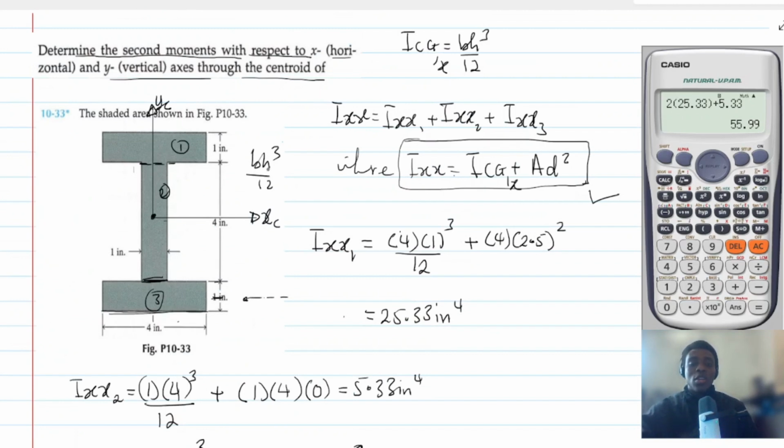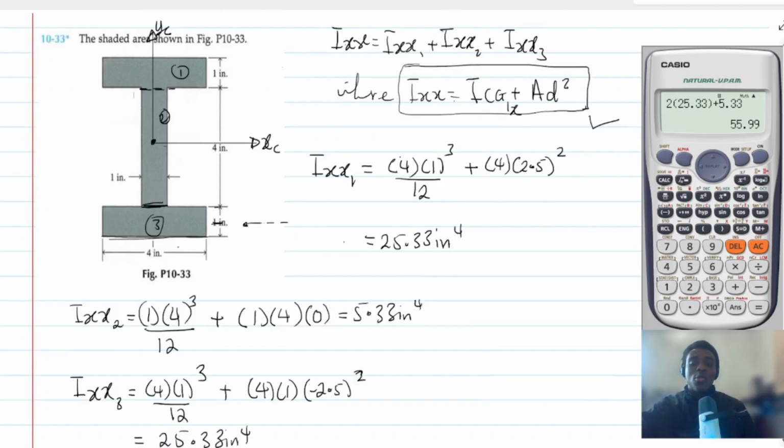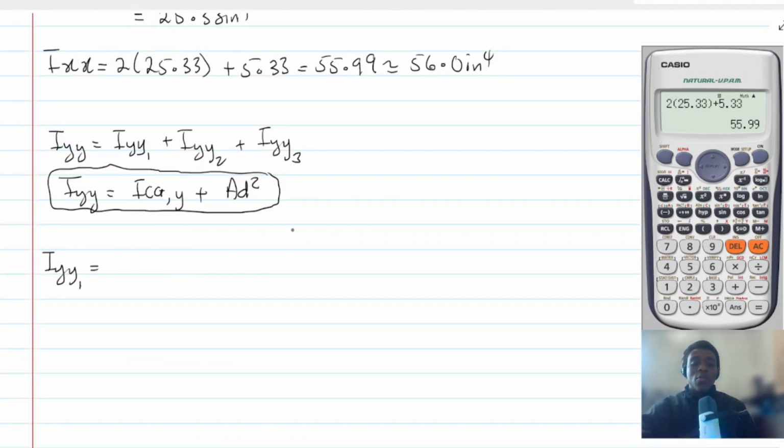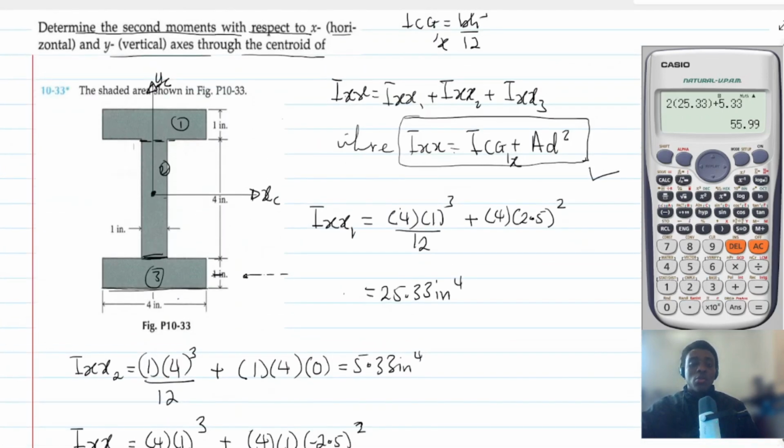So it is going to be HB cube over 12. Please don't be confused. Whenever it is about the y, it will swap and then it will become HB cube over 12. That's all.